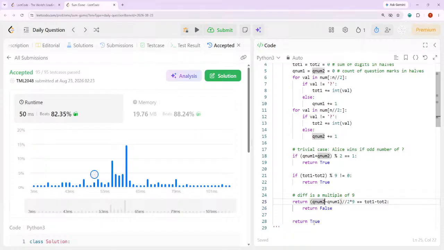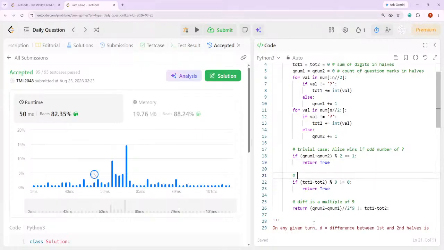Return without the evaluation this thing, since this is equals false, or return false, then just return the opposite. Let's see.